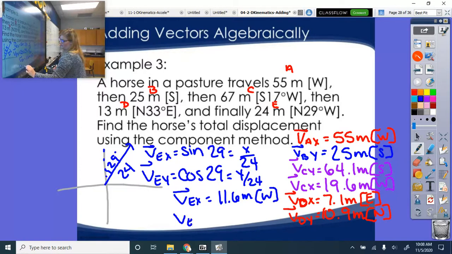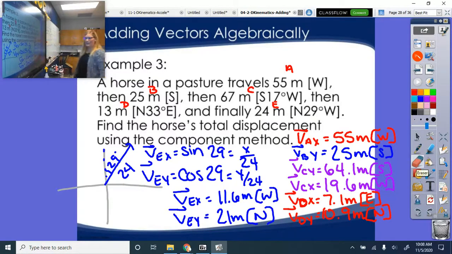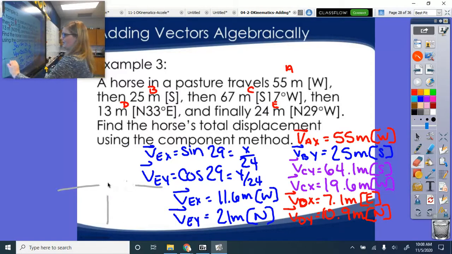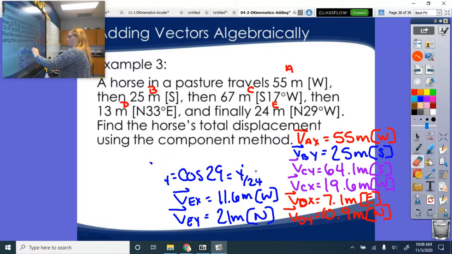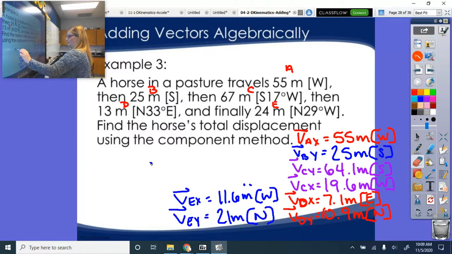And my vector of E in the y direction is, we'll just say 21 meters north. Okay. I got my components. Yay. But now what I have to do is actually figure out my total displacement.